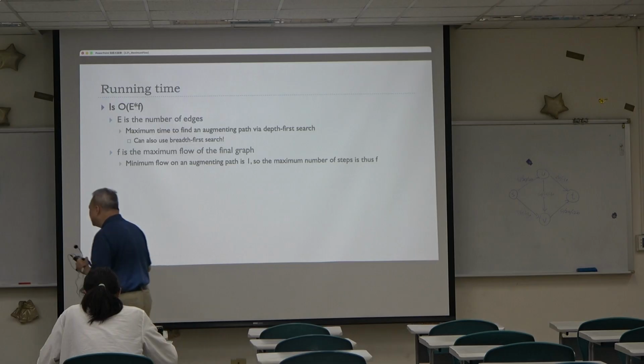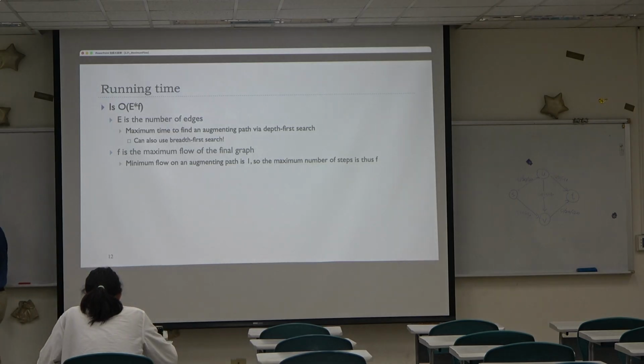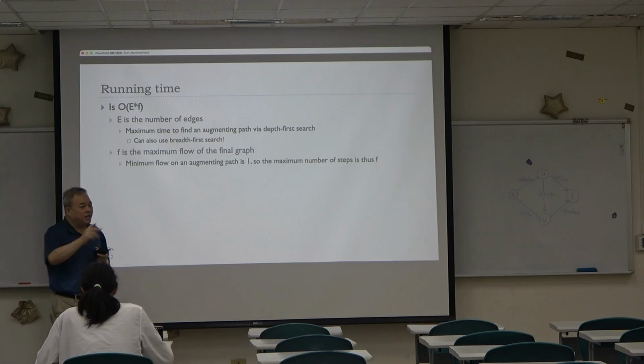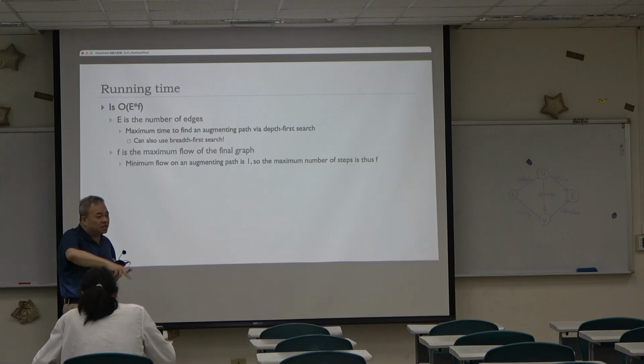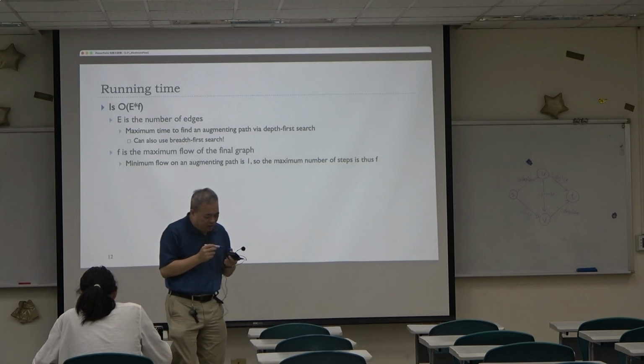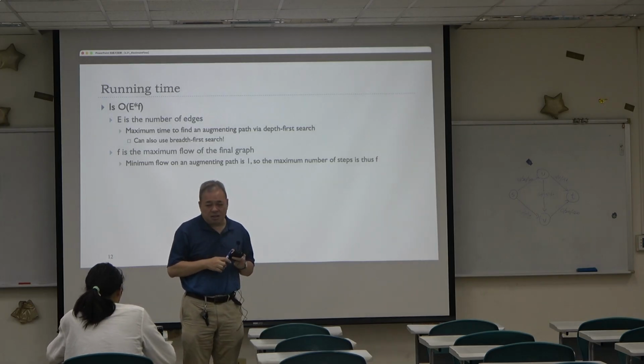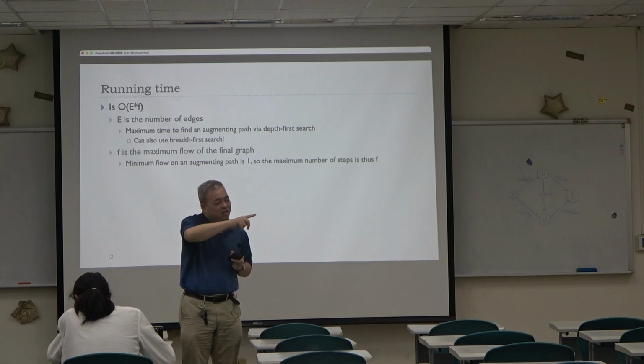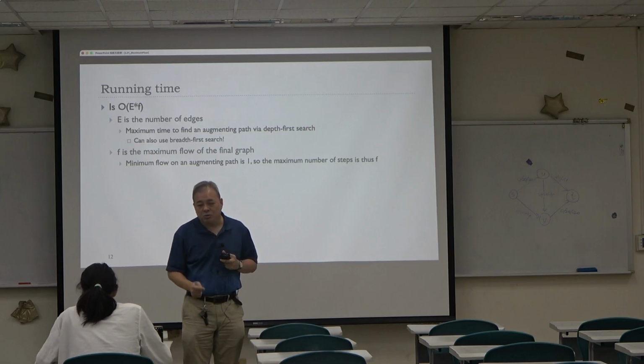But think about this. If you use depth first search, the first time you could end up finding this one, using this middle edge. If you use this middle edge, the minimum edge in this path is going to be 1, right?